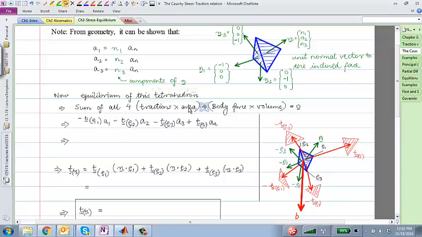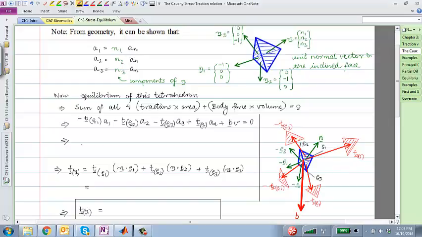That's the first part of that equation of equilibrium that I've written out. Plus body force times the volume. So the volume I'll keep as V, but I'll write that as plus the body force B vector times V equal to 0. Okay, there's no other forces acting on this piece.